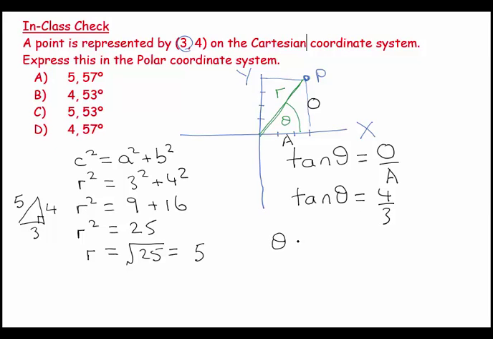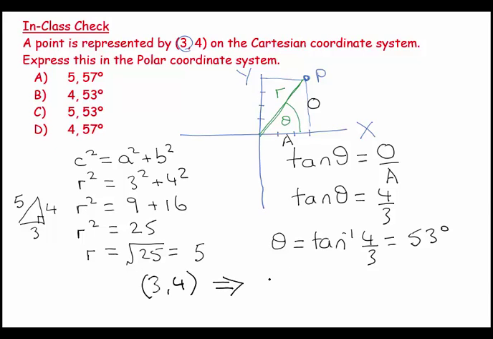So theta is equal to tan to the minus 1 of 4 over 3. And if you go to your calculator and work out this angle, this will equal 53 degrees.